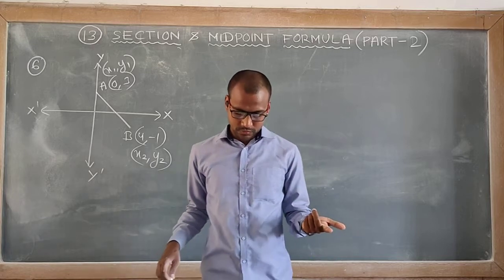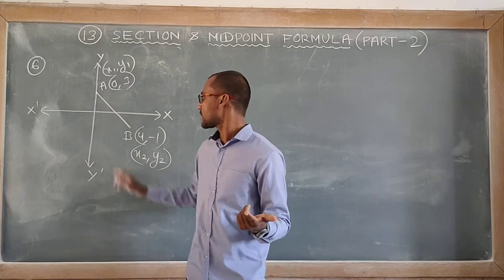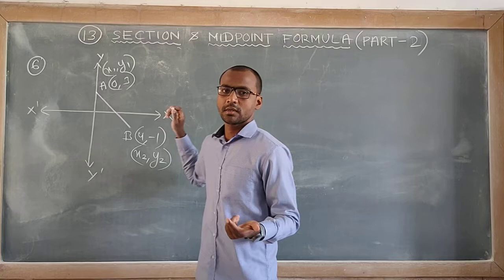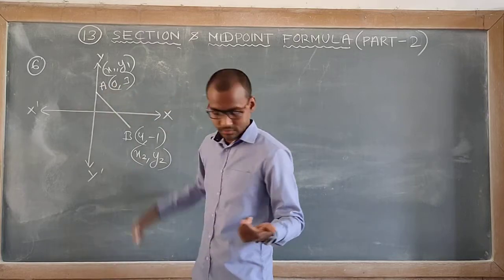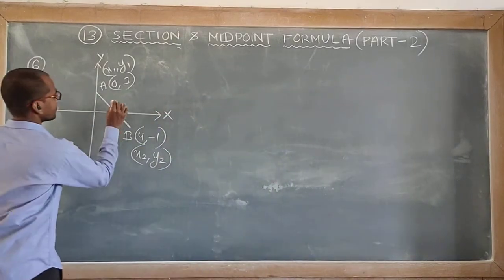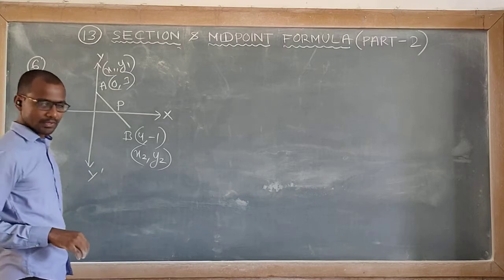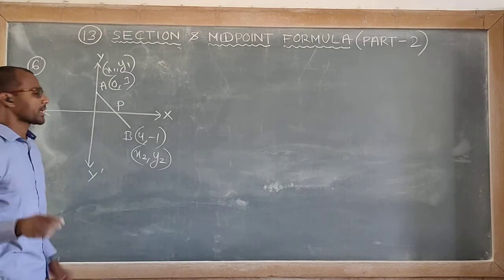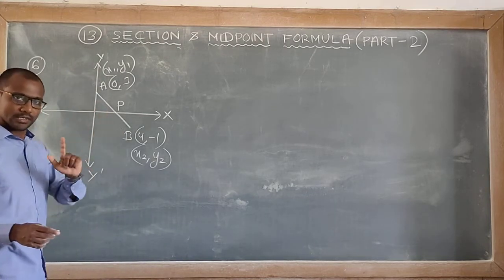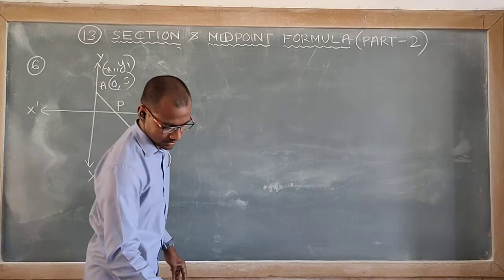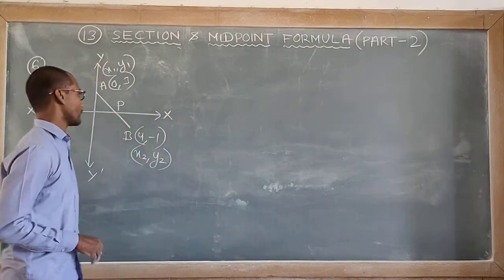We have to find the ratio in which the x-axis divides the line segment AB. Let this point be P. Our target is to find AP by BP. First we have to find this ratio.